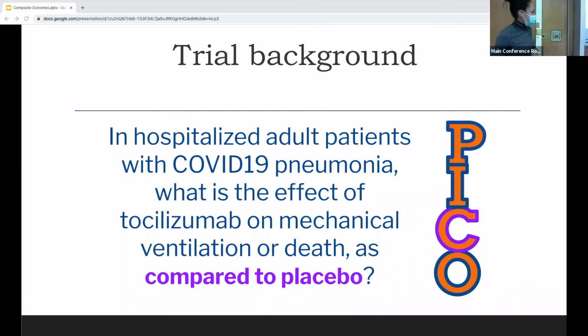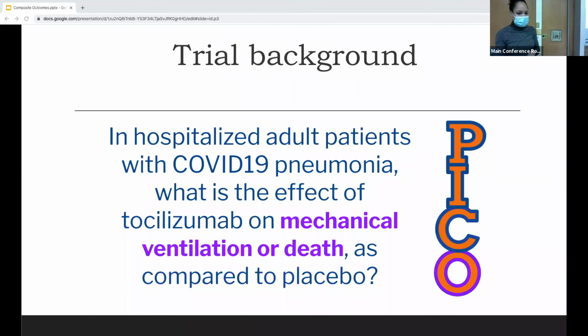The comparator was placebo, and the outcome of interest was mechanical ventilation or death. So in all, the trial was essentially looking at tocilizumab versus placebo in hospitalized adult patients with COVID-19 pneumonia, looking at the outcome of mechanical ventilation or death.